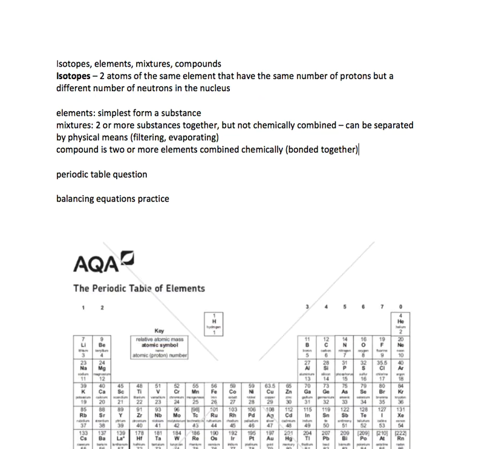So, elements, like the whole periodic table here, these are the elements. Mixtures, two or more substances, might be elements, might be compounds, but they're mixed. For example, sand and polystyrene. A mixture of sand and polystyrene, you could separate those by physical means.